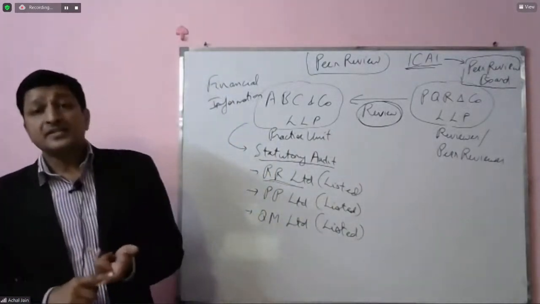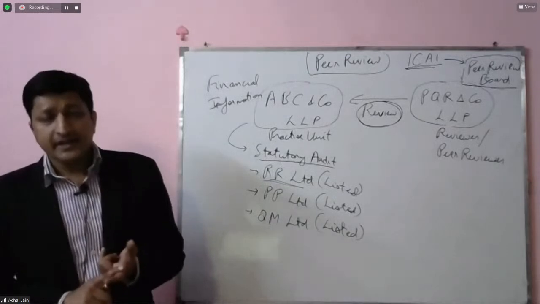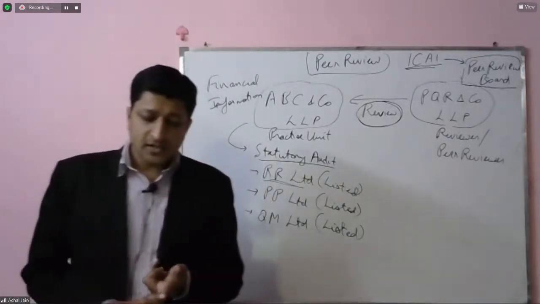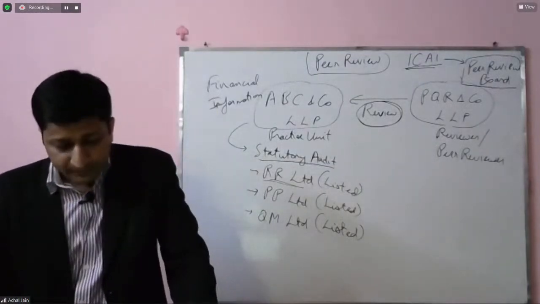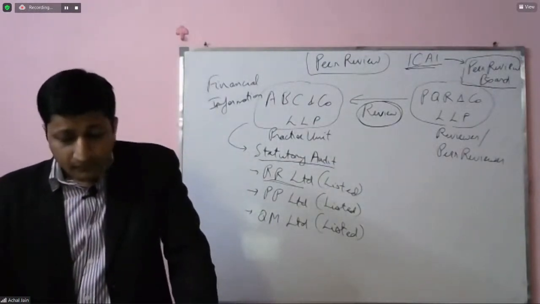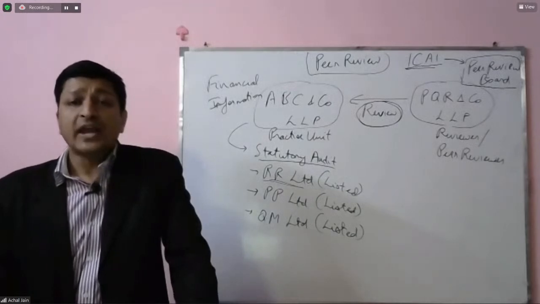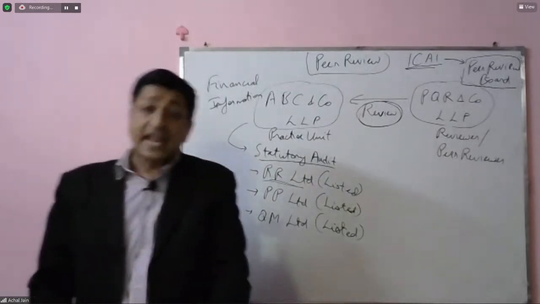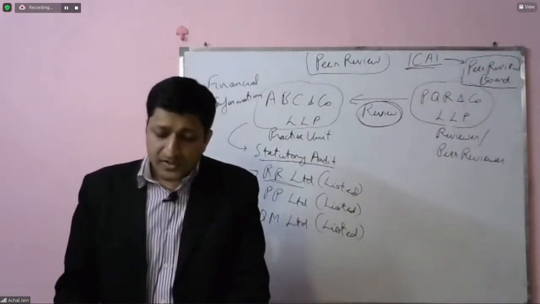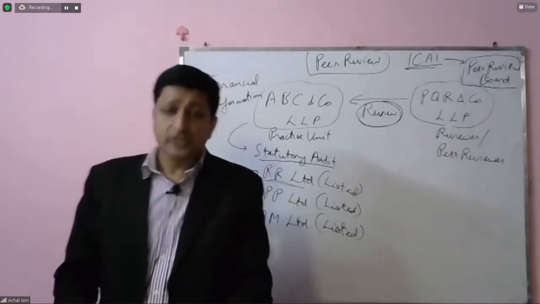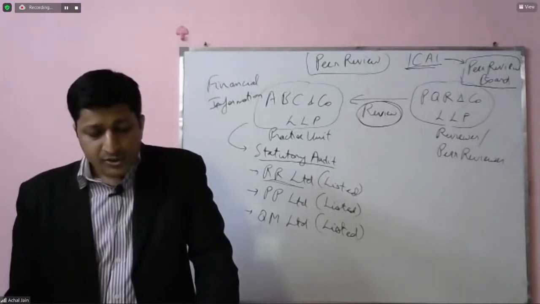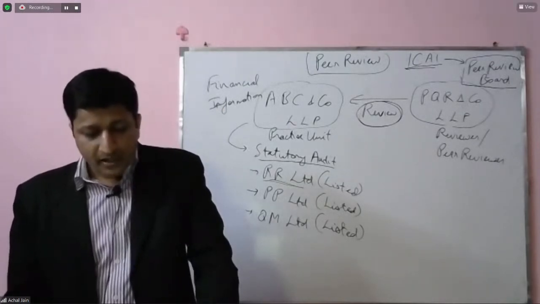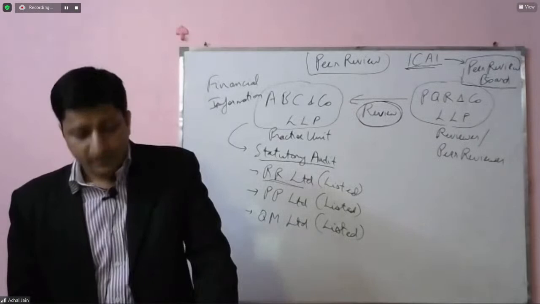By a practicing unit following the technical standards, ethical standards, any of the professional standards which are applicable to such engagement, and in relation to any engagement, by having in place proper systems, including the documentation thereof, to amply demonstrate the quality of the assurance services.